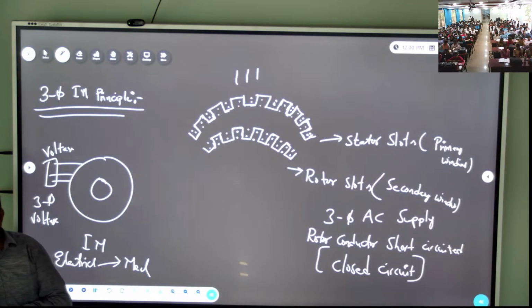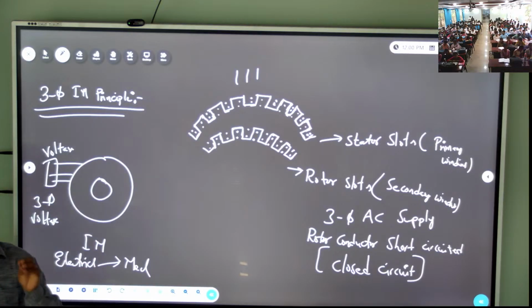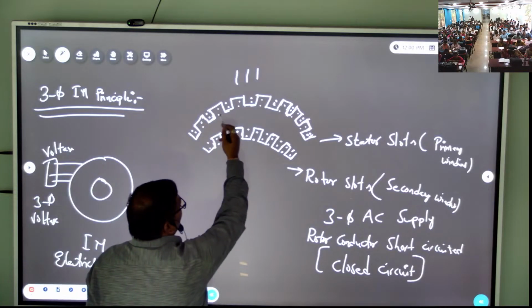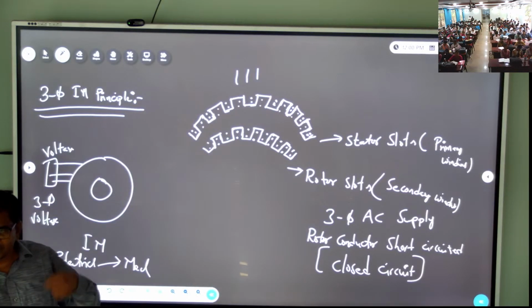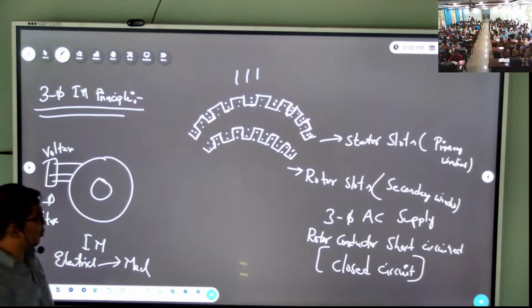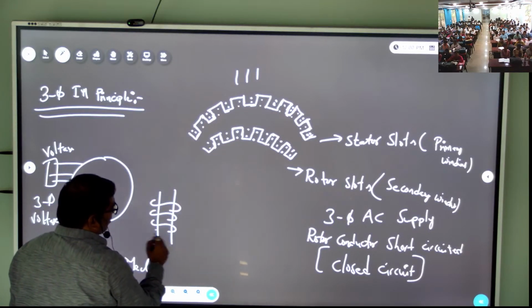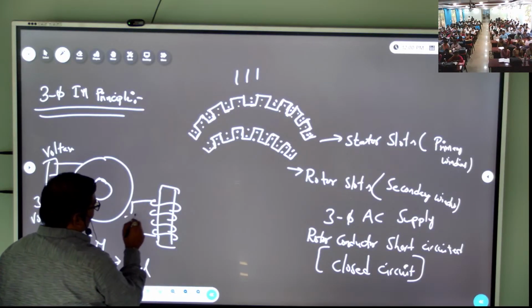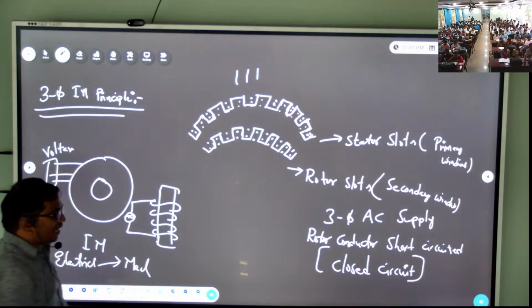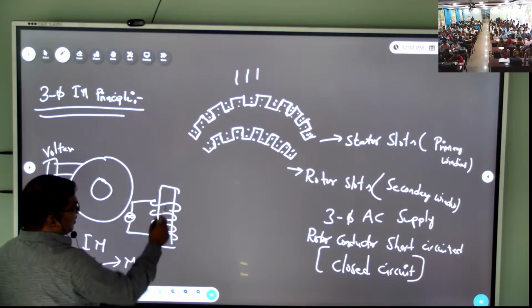These conductors are wound on the cast iron. For the transformer, what happens when I give the AC supply? An AC current flows in the winding and a flux is established.